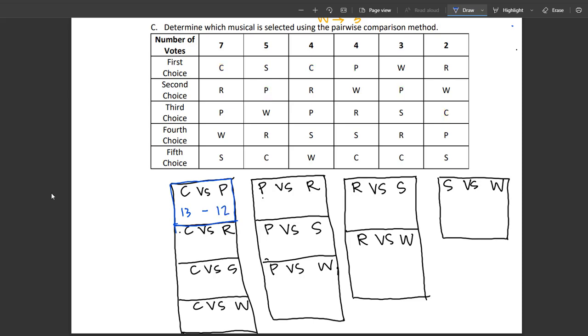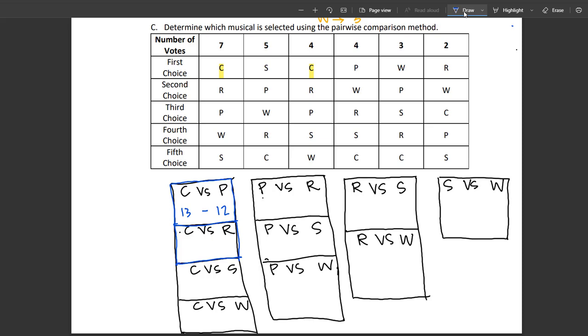All right, our next comparison, we are looking at Cabaret and Rent. So all the places where Cabaret is higher than Rent. We have Cabaret higher here. Cabaret is higher than Rent here. And those are the only 2.